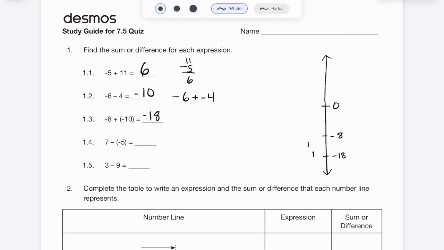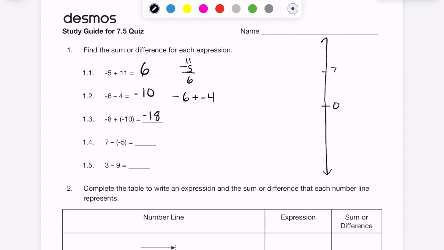Cool. Next, we have 7 minus a negative 5. In this case, I am starting at 7. Subtracting a negative 5 means I'm taking away a negative, like taking away an anchor.